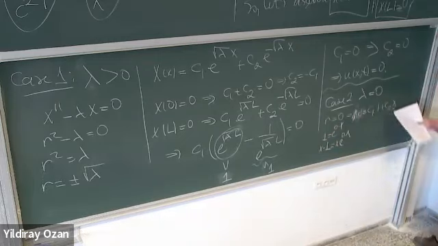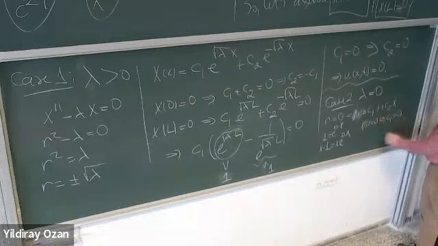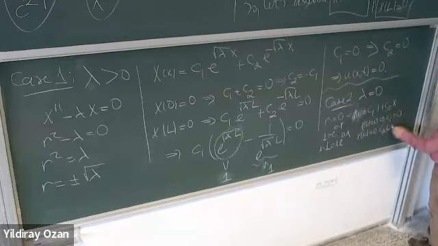And then when you plug the conditions again, X(0) is 0, you get c1 is 0, X(L) is 0, you get c2 times L is 0, but L is a positive number, therefore c2 is 0.